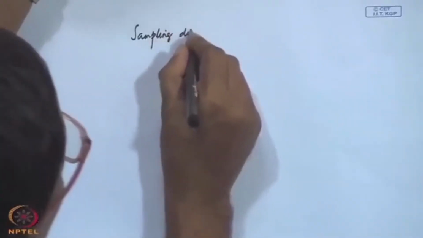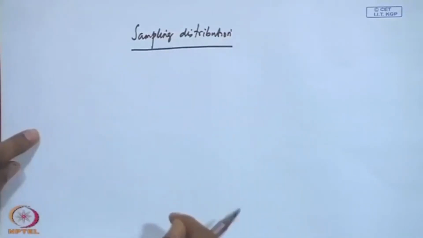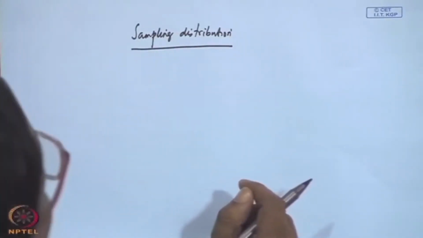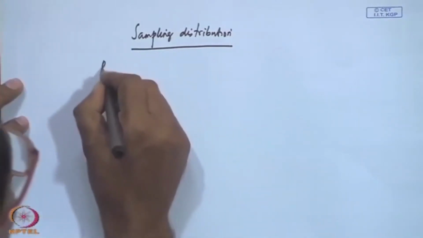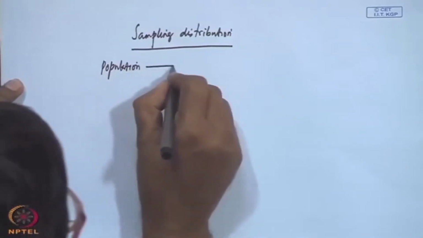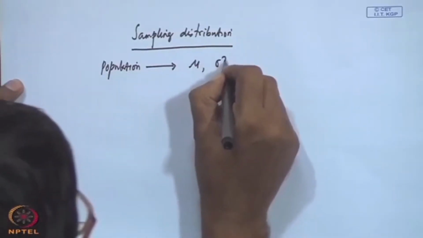We will discuss sampling distribution. In the last lecture, you have seen that a population is characterized by a probability distribution with certain parameters.